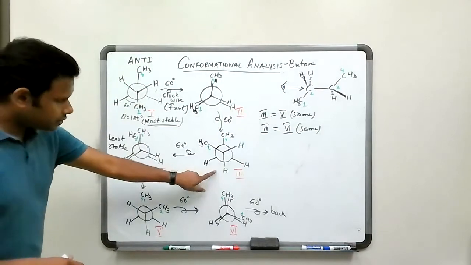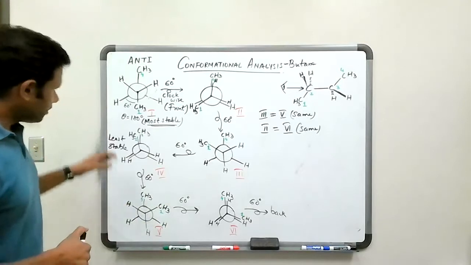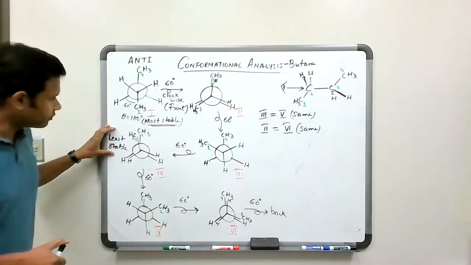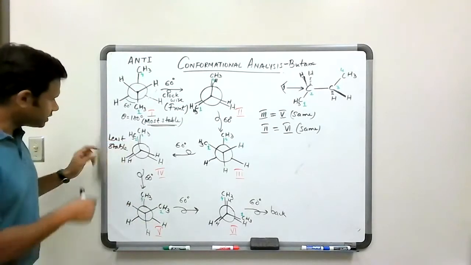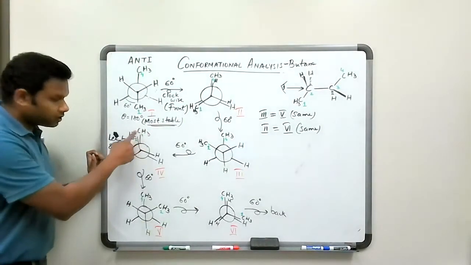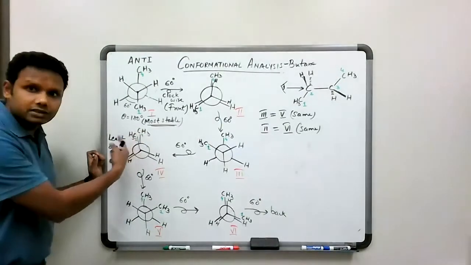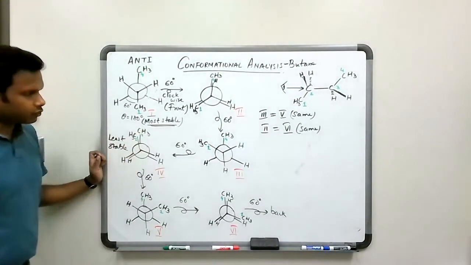Now, structures 3 and 4, if you look at those, we have the least stable conformation here, which is eclipsed. And again, this is the least stable because the biggest groups on the front carbon and the back carbon are eclipsing each other. So that's why this is the least stable conformation.